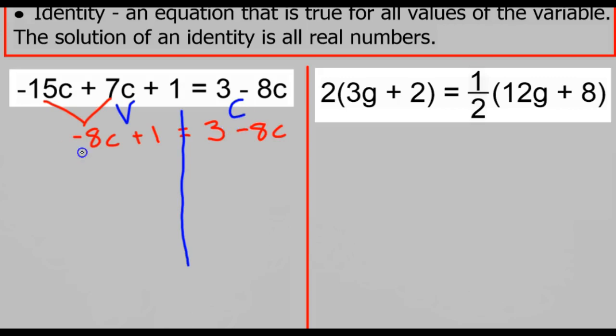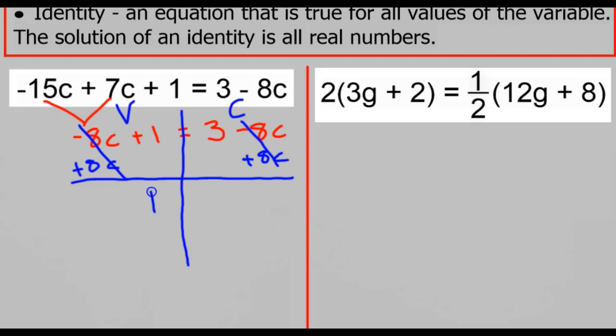So to get my variables on one side, I need to do the opposite of negative 8c and add 8c. If I add 8c to this side, this cancels out because that's 0, and negative 8c plus 8c also cancels out because that's 0 as well.